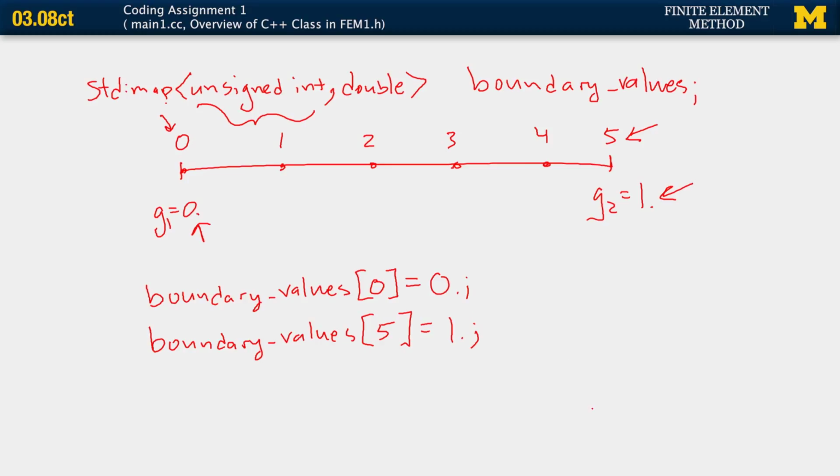Whereas in a vector, we would have had to have a vector of length 6 in order to have an index of 0 and an index of 5, with a standard map, if you were to do boundary values dot size, it would return a size of 2 because we are only storing 2 values in this map.